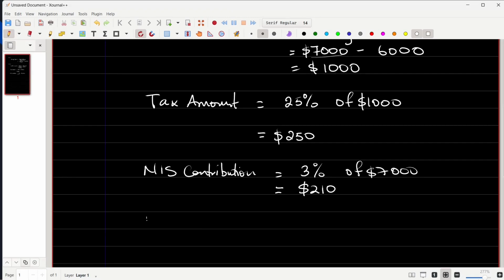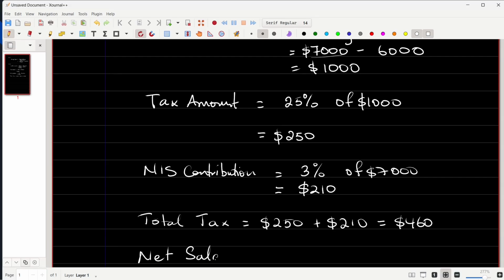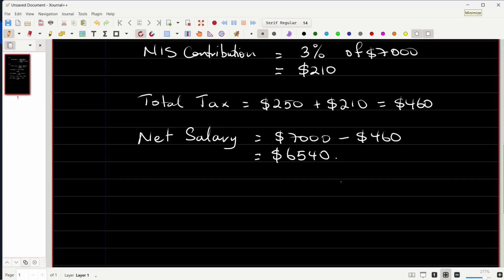Now the total tax is 250 plus 210, and that means we have to pay $460 in tax. That means our net salary is $7,000 minus that tax of 460. And that is the amount of money you're allowed to keep after you earn $7,000.